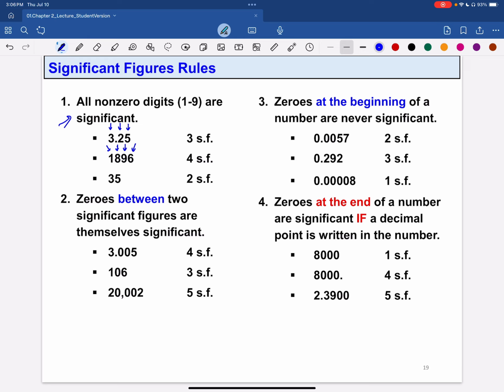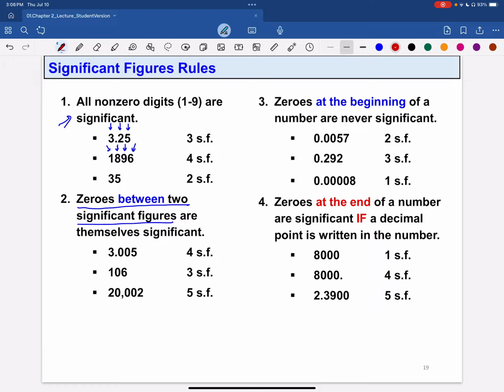When it comes to zero, zero is a little bit tricky. If you have a zero between two significant figures, then that zero will be counted as a significant figure.